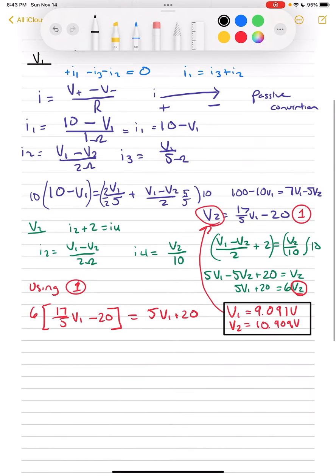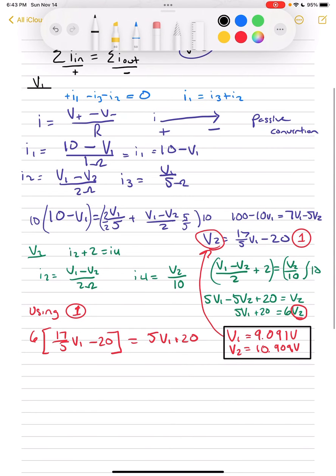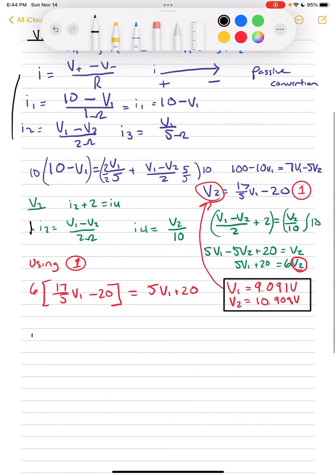Now, the good thing is that once we find these nodal voltages, we can plug them back in and find any current running through this entire circuit using these equations up here and these equations here. So let's just try that. Let's solve for I1. As we said before, I1 is equal to 10 minus V1 over 1 ohm.